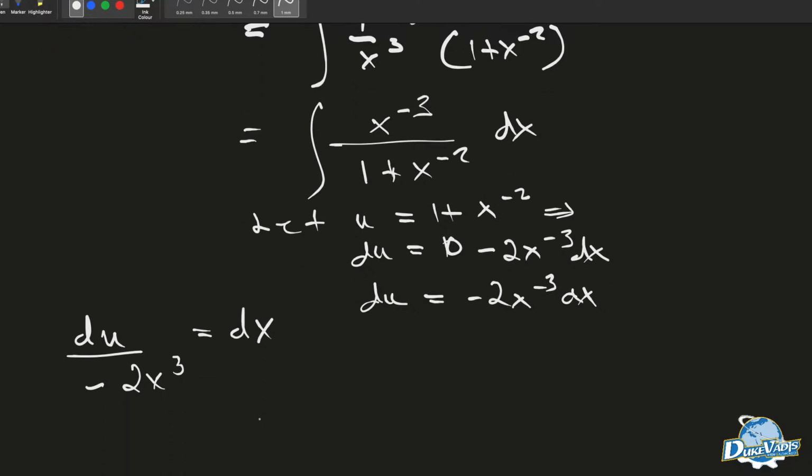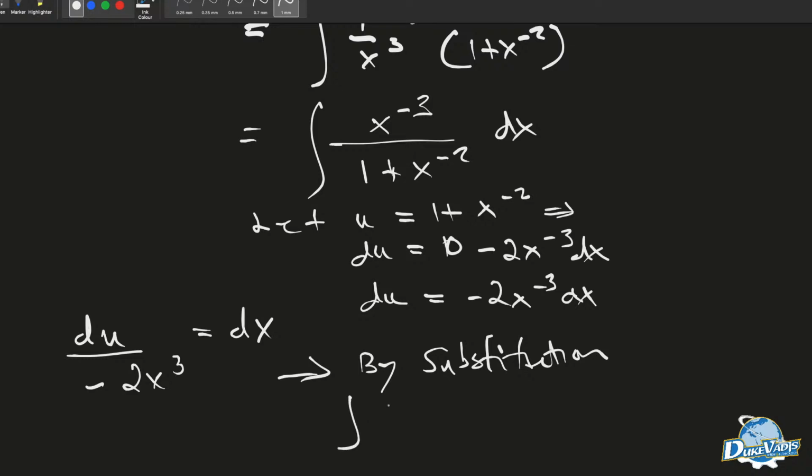Okay, so by substitution, we will say that the integral of x to the power negative 3 over u times du over negative 2x cubed.